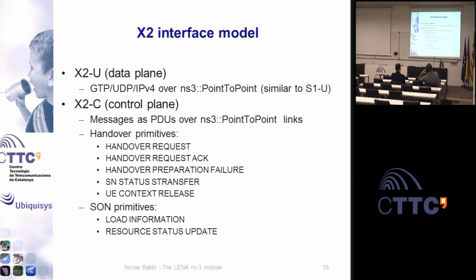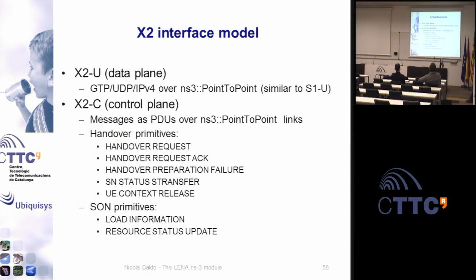And the second, we are not using SCTP as the transport protocol for the X2 application part, but rather we are just using TCP. And the reason is that SCTP is not currently supported in ns-3.